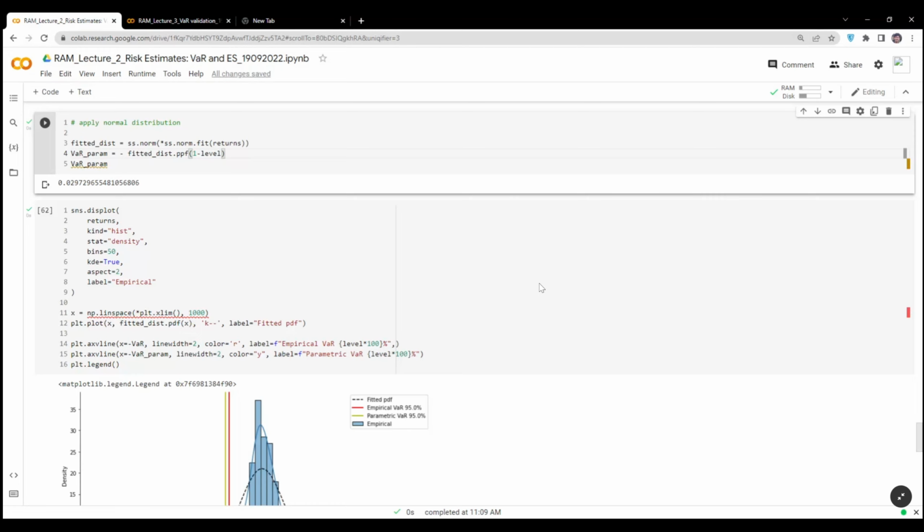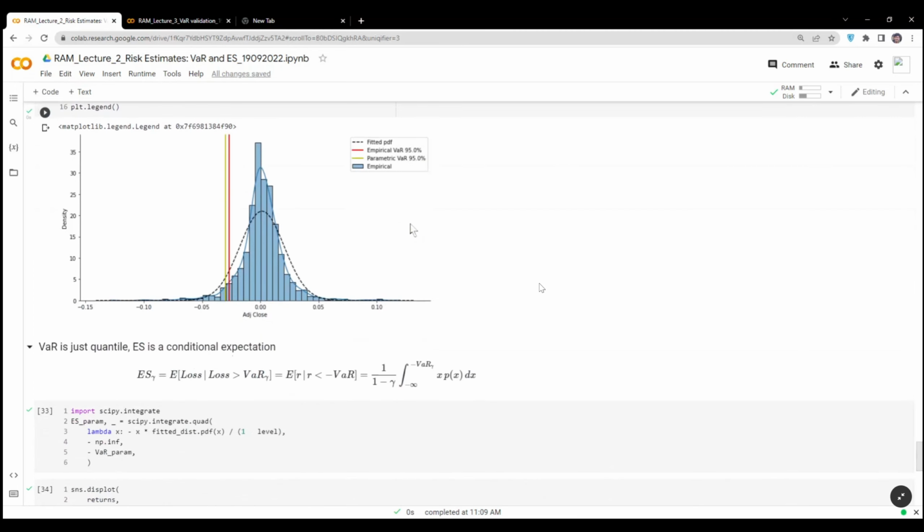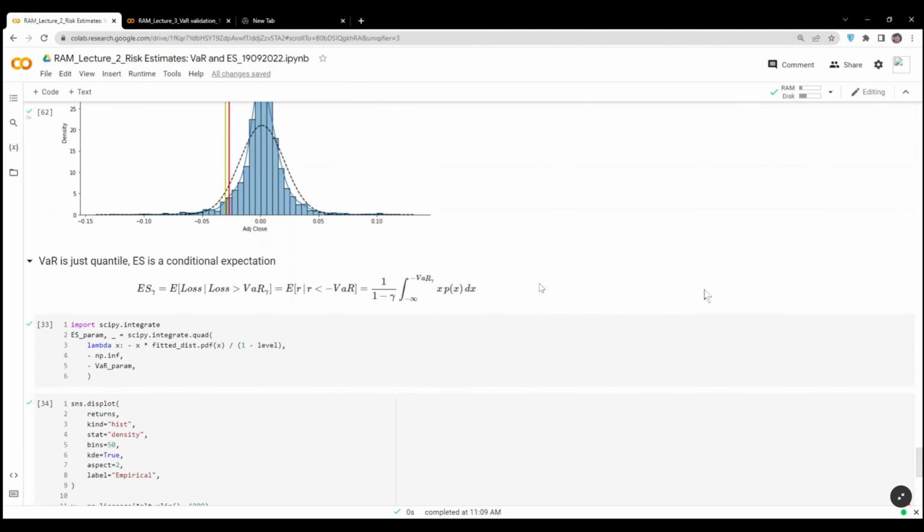However, things are a little different for estimating expected shortfall in the parametric way, because let me remind you that expected shortfall technically is a conditional expectation.